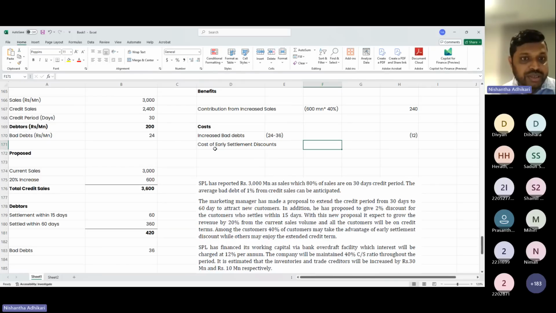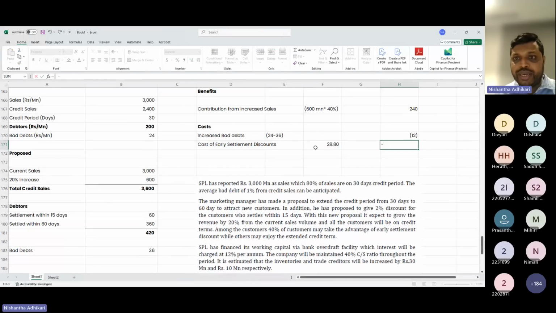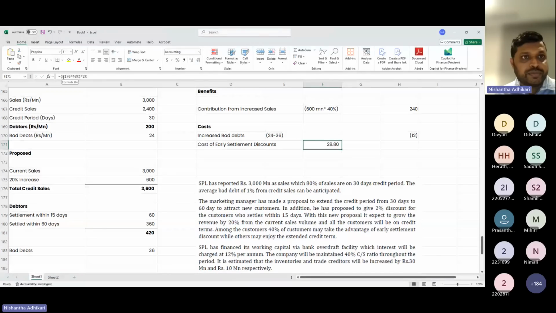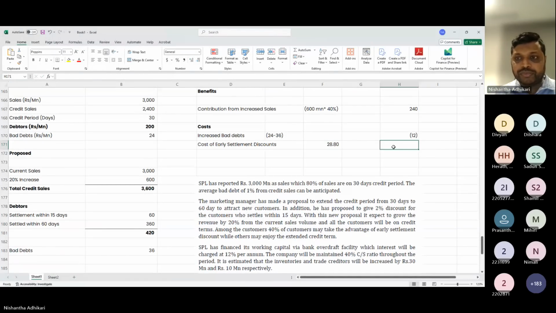How much? Out of total credit sales, 40% settled, 1,440 million. Out of that, you have to give 2% discount. That means in value, it is 28.8 million you have to give.